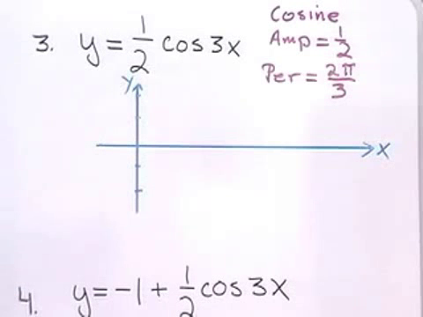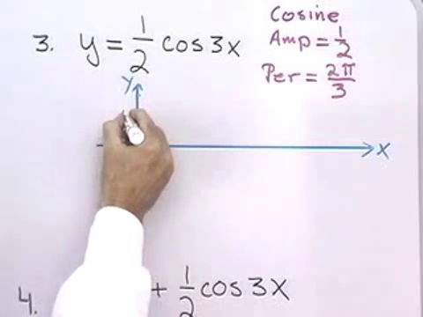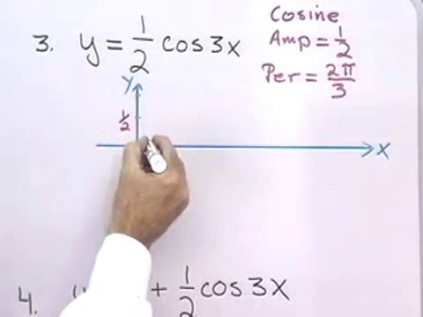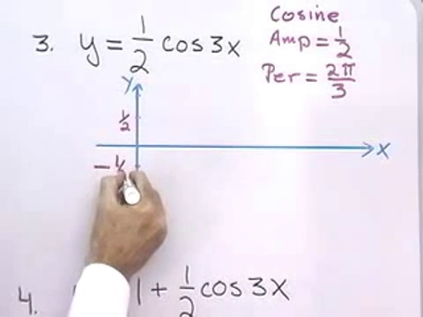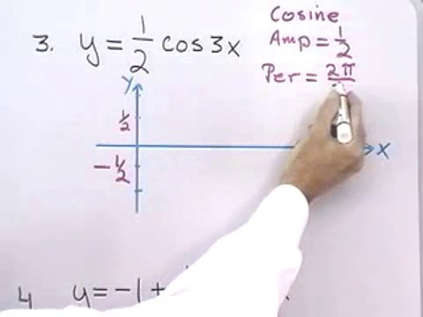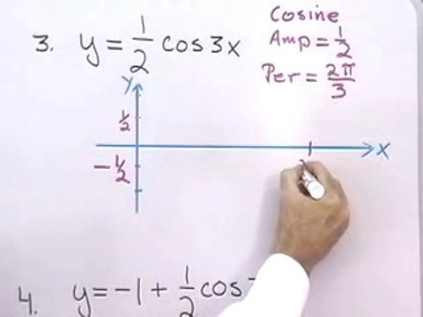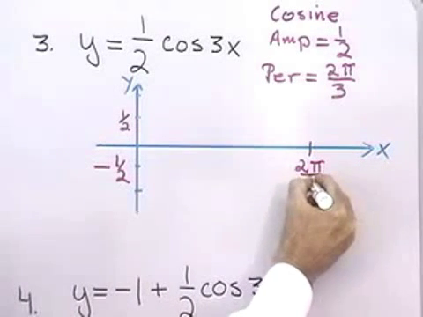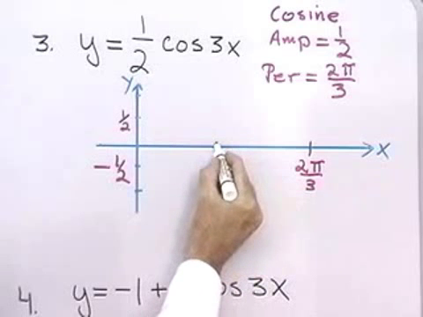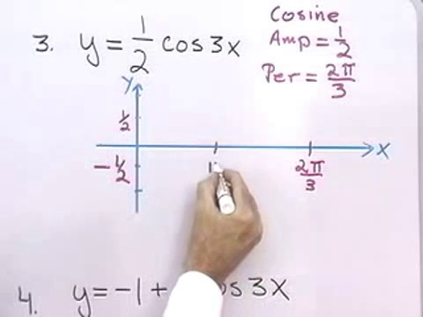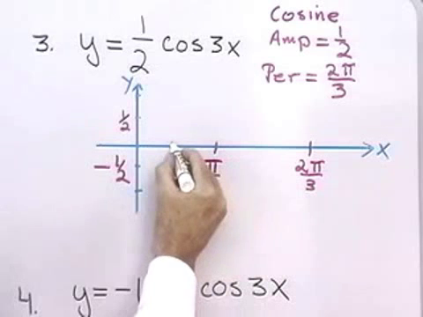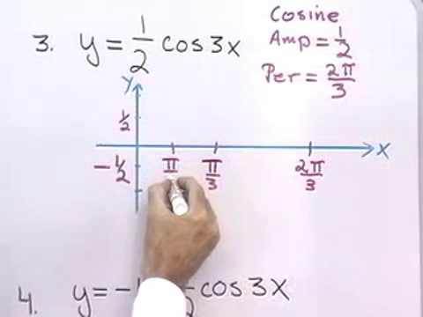So it's going to go up to, let's see, I'll call this 1/2 on the y-axis, and this will be negative 1/2. It's going to have a period of 2 pi over 3, so I'll put 2 pi over 3 out here. It'll go through half a period, and half of that, which is pi over 3. Half of that will be pi over 6.